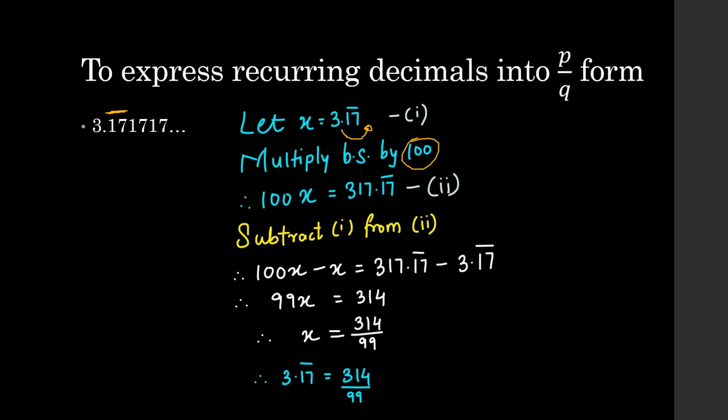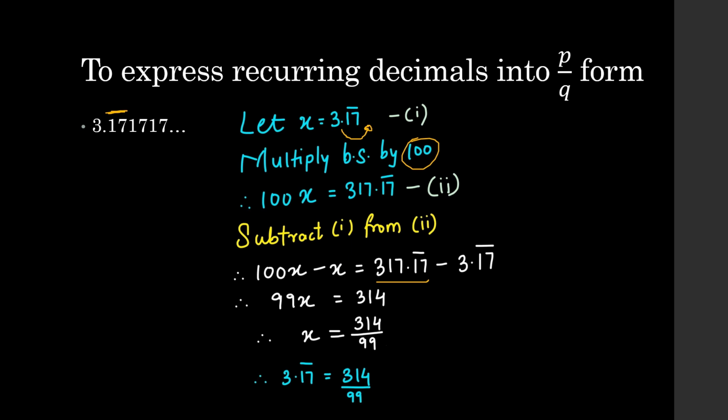So it will be 317.171717 recurring. Again we'll do the same step, subtracting both the equations. 100x minus x, LHS and LHS are subtracted, is equal to RHS minus RHS: 317.17 bar minus 3.17 bar recurring.